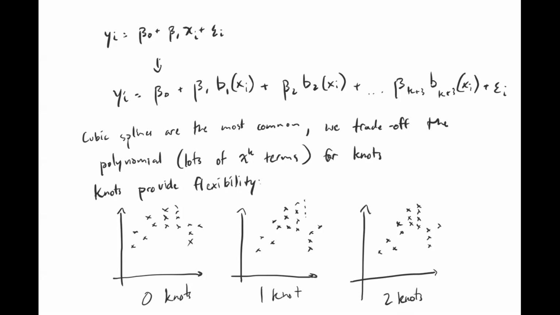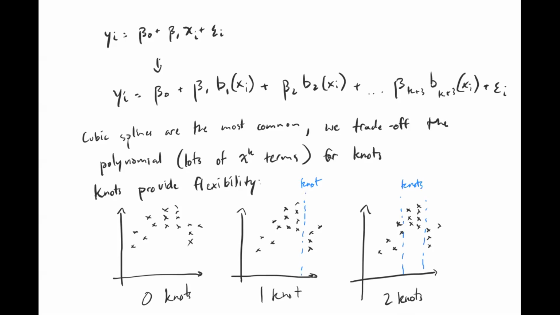Let me use a different color. You might have a knot here. You might have 2 knots, maybe it looks something like this.